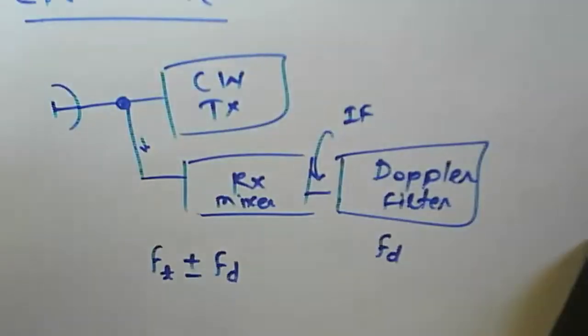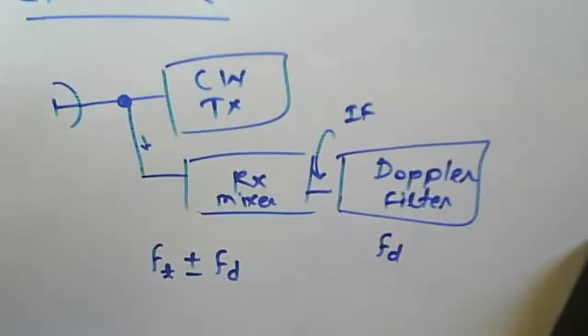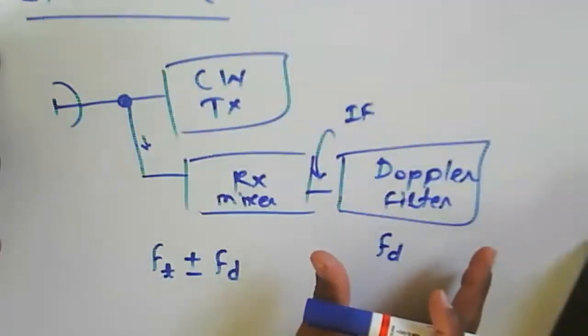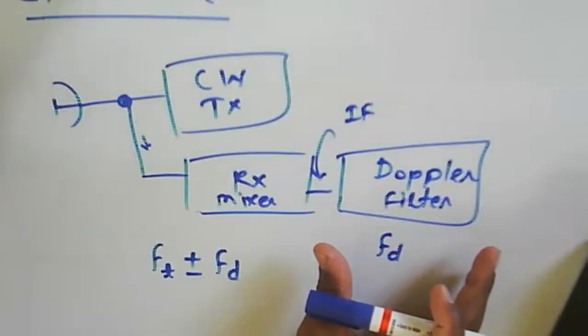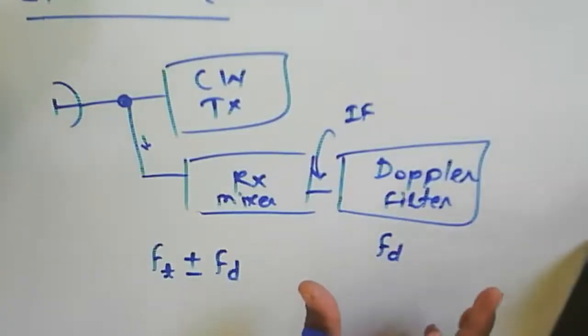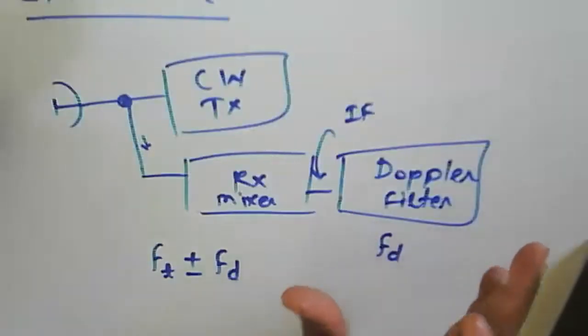If we have the filter at the receiver and the spectrum is a finite one, then the receiver sensitivity will be increased.